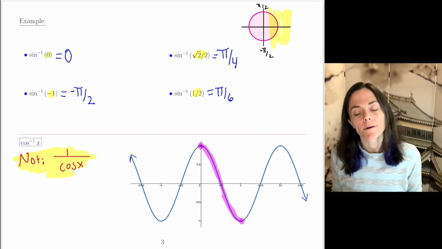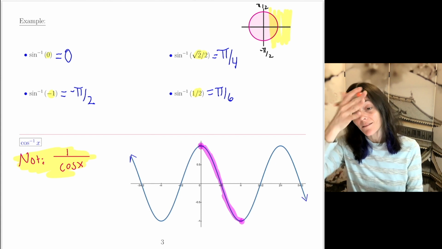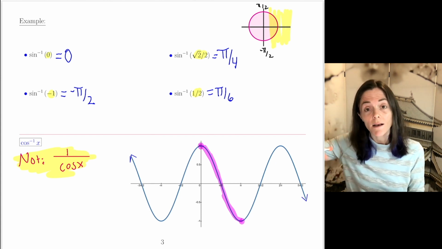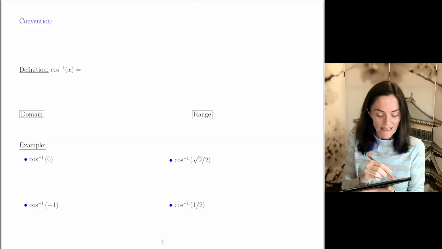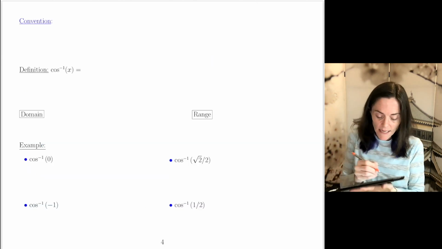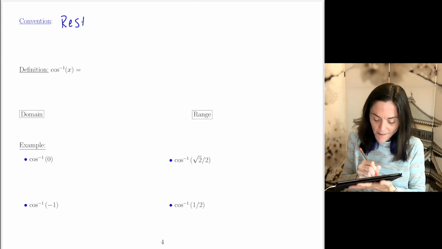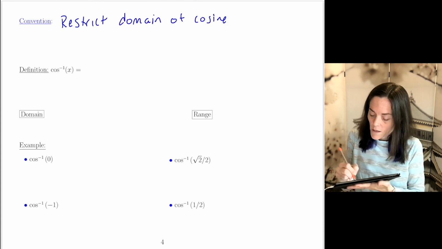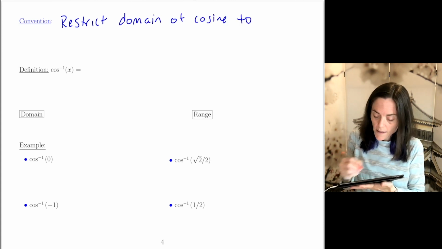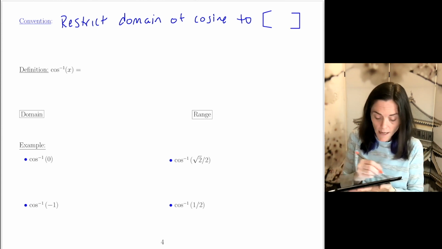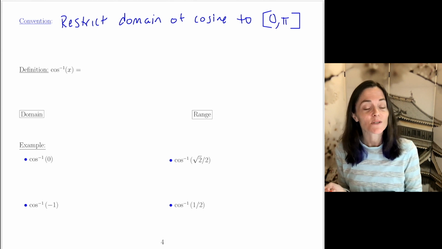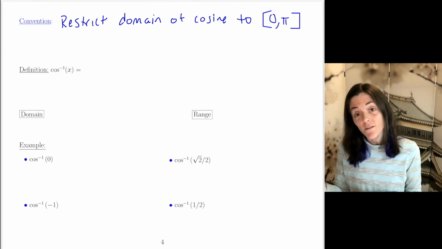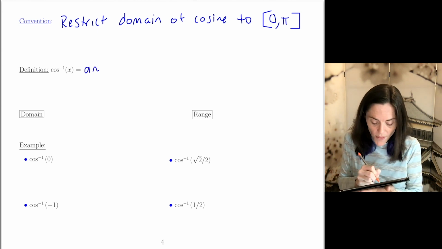And moreover, if we flip that pink highlighted arc about the line y equals x, that will pass the vertical line test. So just as I shaded, the convention here is we restrict the domain of the cosine to 0 to pi. And this allows us to define this function. So let's write it out. Cosine inverse of x, this will be an angle theta.